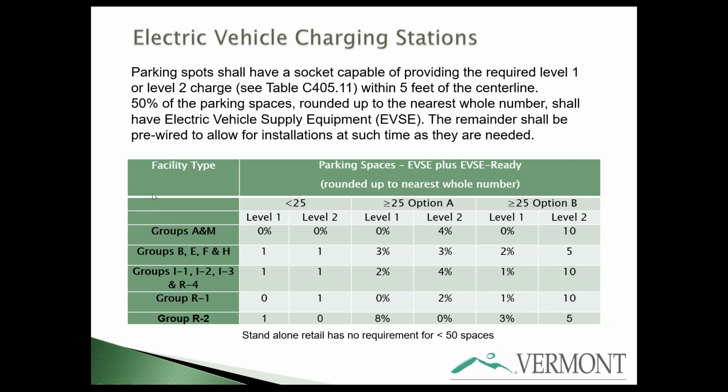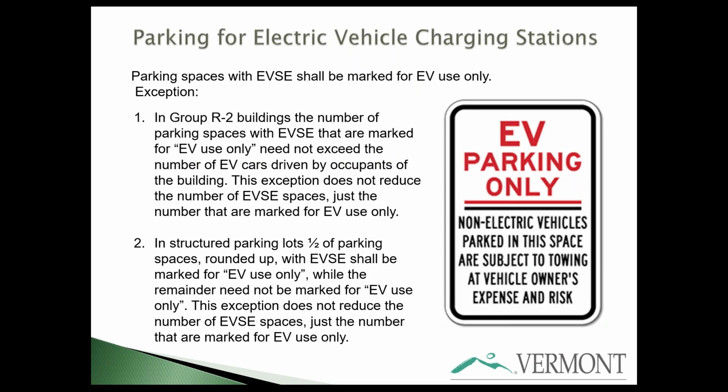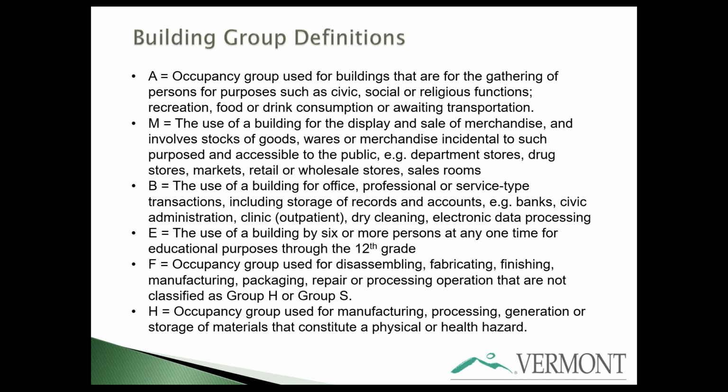And these building types, maybe we should go over those first. Group A is assembly, so kind of like your government buildings. M is mercantile, so retail type spaces. B is business, so that would include office spaces. E is educational purposes through the 12th grade.